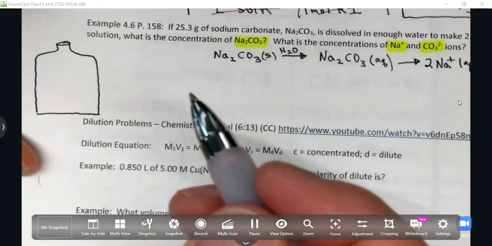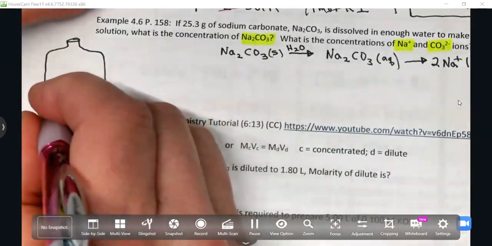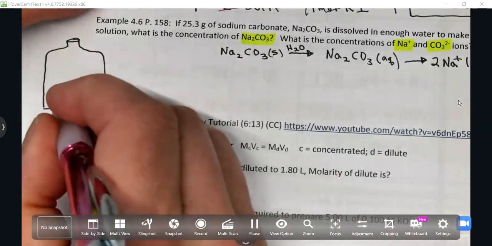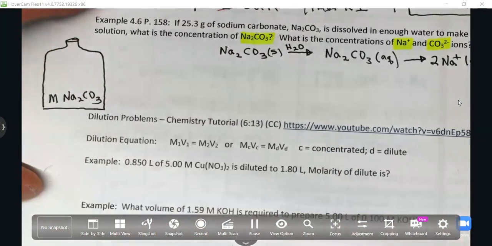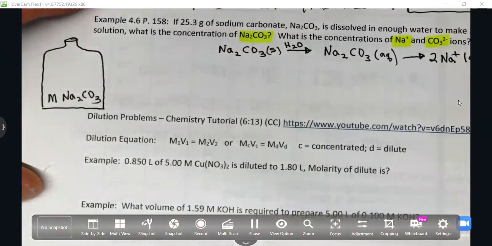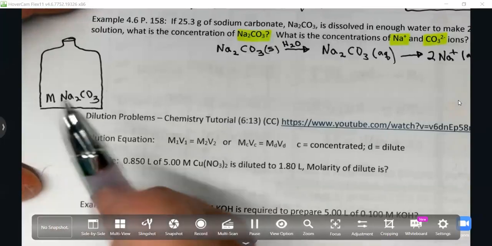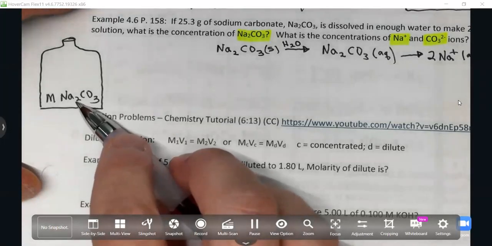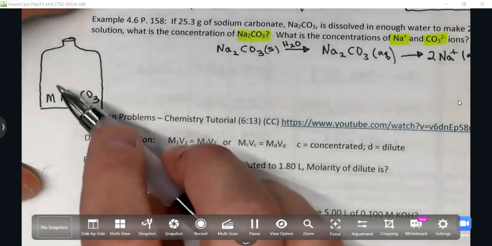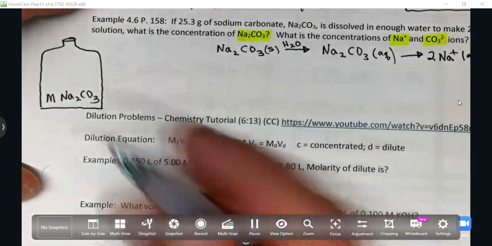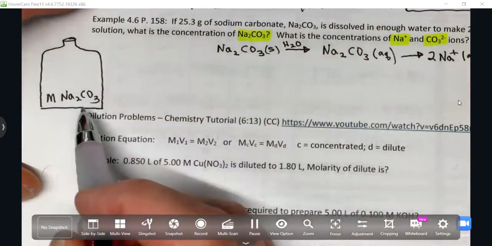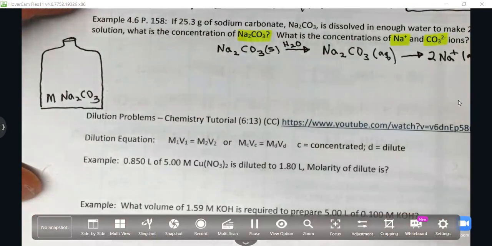And it's going to be some molarity Na2CO3. But if this is an aqueous solution, the sodium and the carbonate are not hooked up in solution. We talked about ions and net ionic equations. It's going to be labeled that way on the jug, but they're not going to be hooked up.